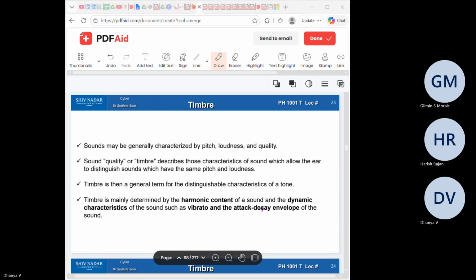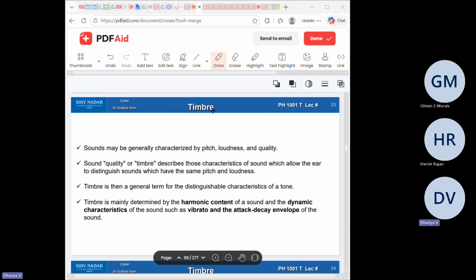So yeah. Now timbre. Sounds are generally categorized by pitch, loudness, and quality. The sound quality, or timbre, describes those characteristics of sound. It allows the ear to distinguish sounds which have the same pitch and loudness. So what is the differentiating factor when it comes to the same pitch and loudness?